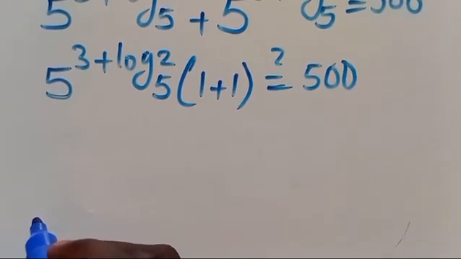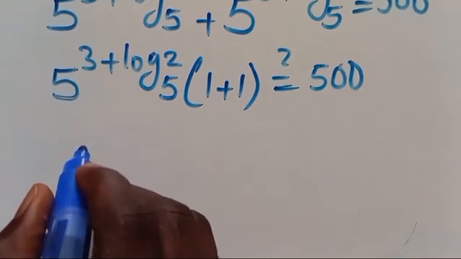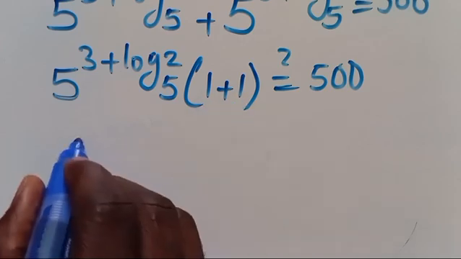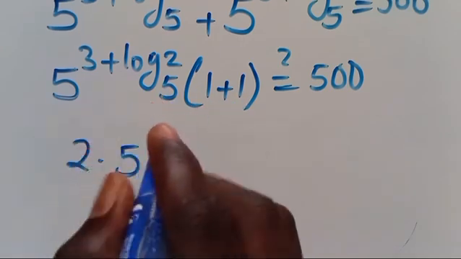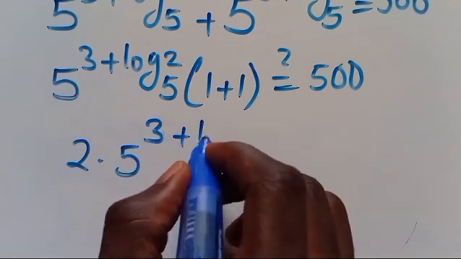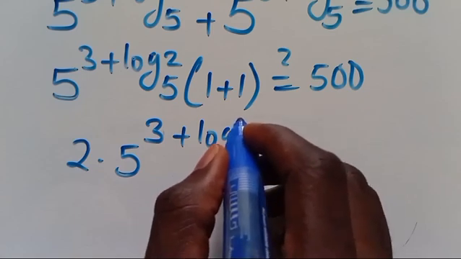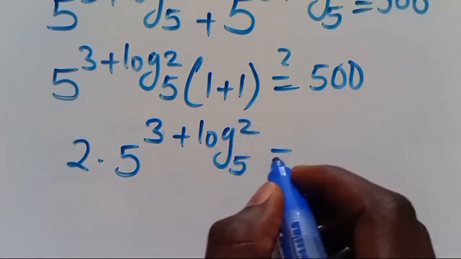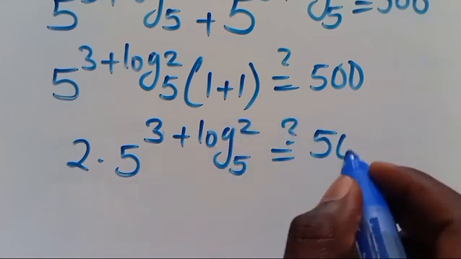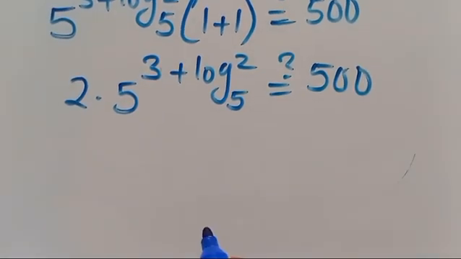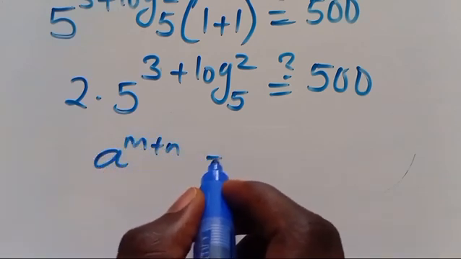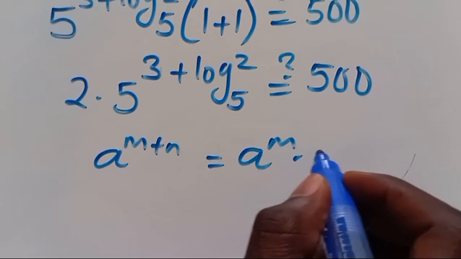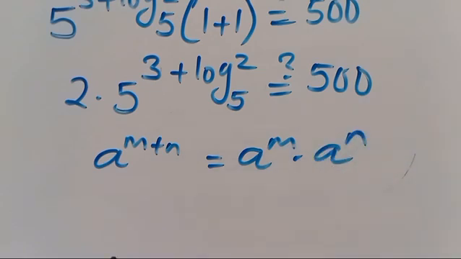Then 1 plus 1 will be 2 times 5 to the power of 3 plus log 2 in base 5, which gives us 500. From here, a to the power of m plus n equals a to the power of m multiplied by a to the power of n.